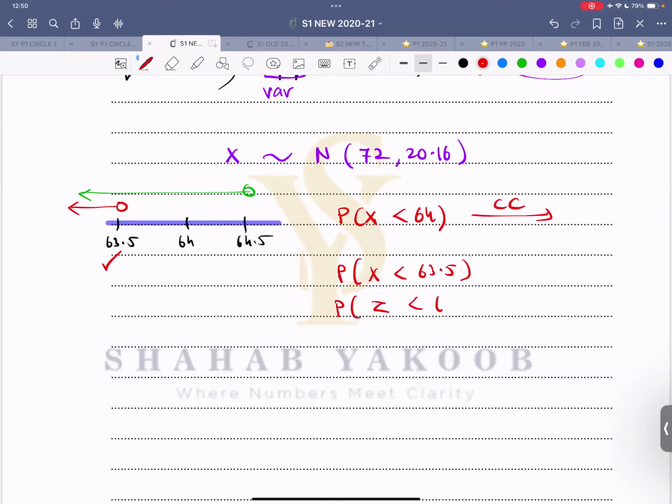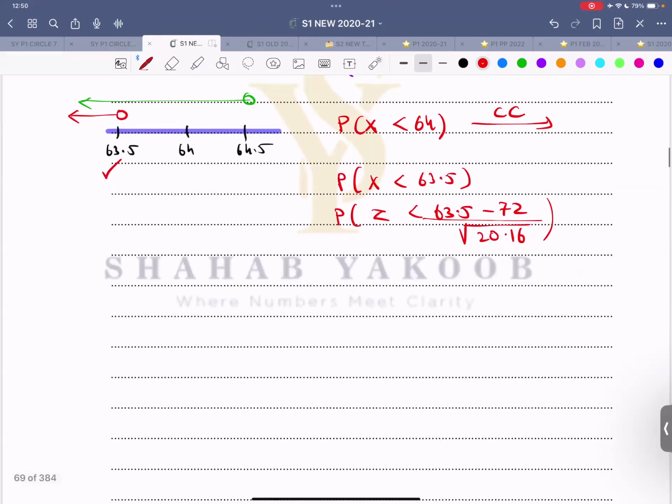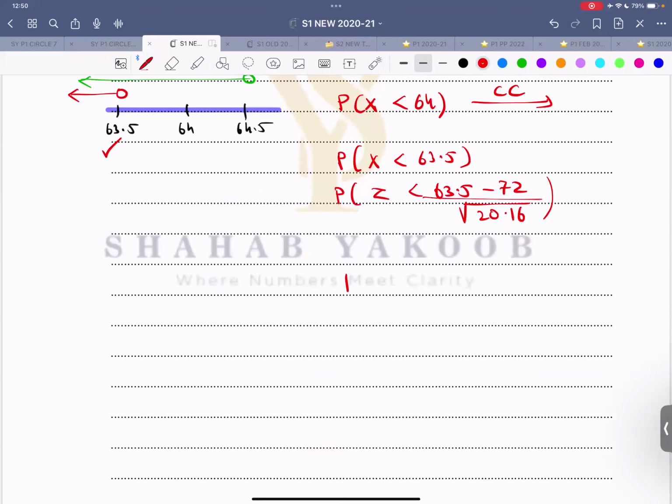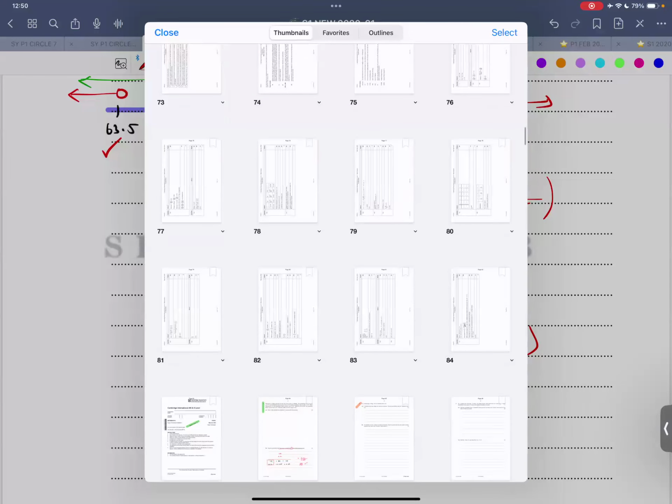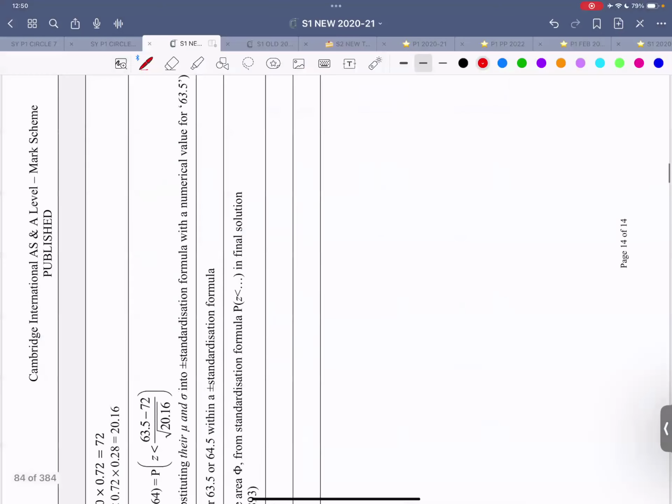Probability Z is less than 63.5 minus 72 over square root of 20.16. It's back to normal distribution. And this is probability Z lesser than some negative value, which will be converted to probability Z greater than a positive value. So let me grab this value because I have not done the calculation.